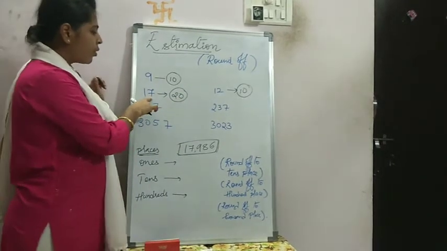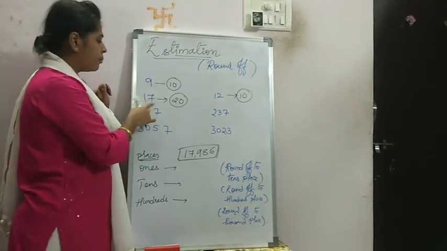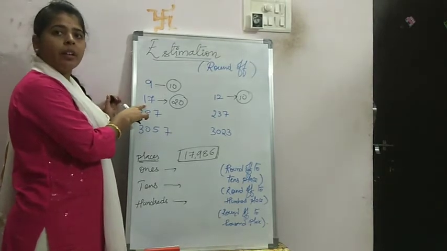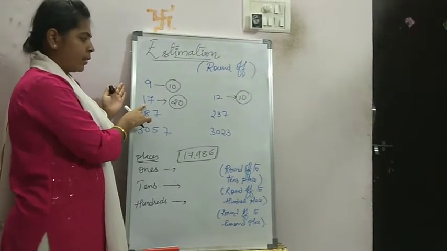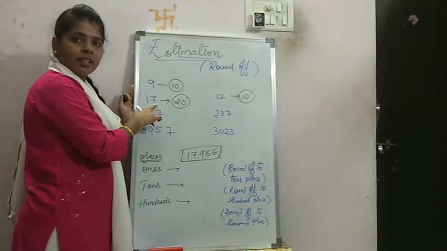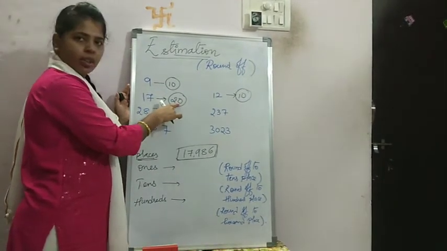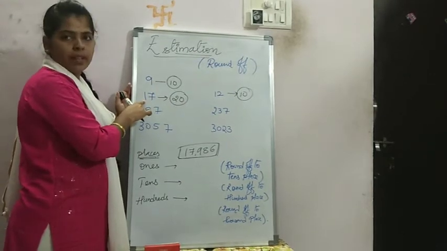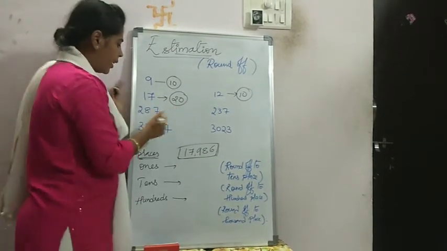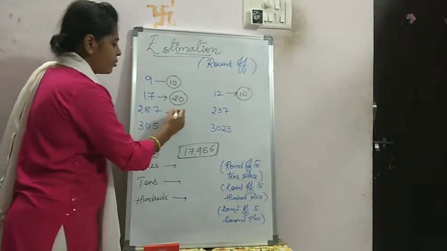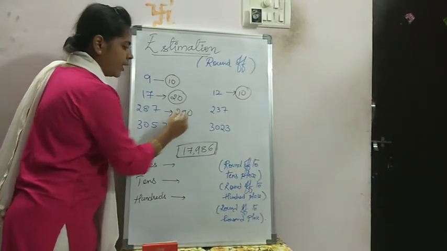This place will become 0, but plus 1 will be taken to the previous place, that is the tens place. So more than 5 is becoming 0 in the place, but plus 1 to the previous number, it will become 20, right? This 287 will become 290, right?